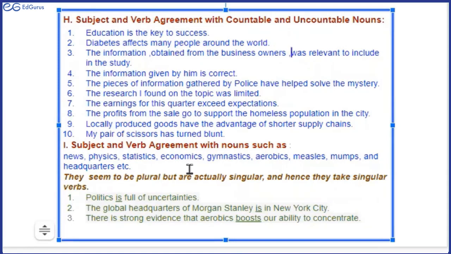The global headquarters of Morgan Stanley is in New York City. There is strong evidence that aerobics boosts our ability to concentrate. So you see how they are treated as singular subjects and a singular verb is used. Clear? Yes, ma'am.